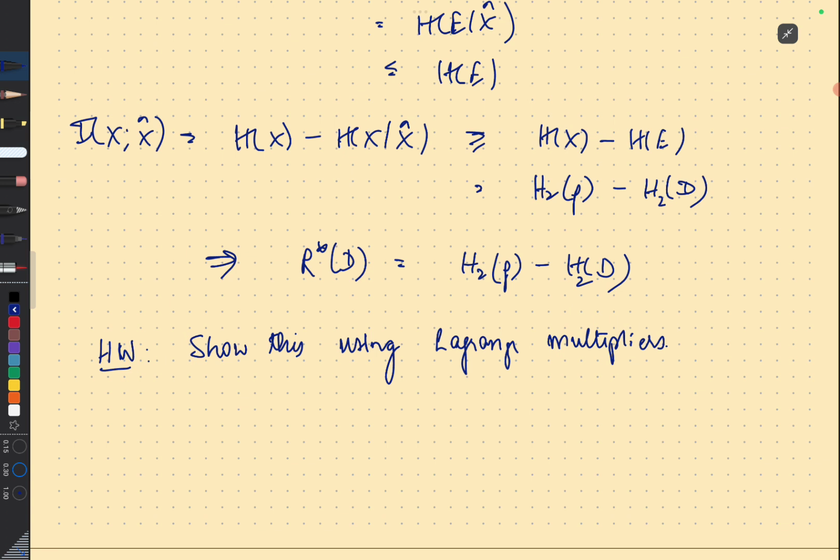The nice thing is that this is a convex optimization problem. So you can solve this using Lagrange multipliers, but in many cases it is not very easy. It can get much more complicated. In this case it's easy because there are very few parameters involved.